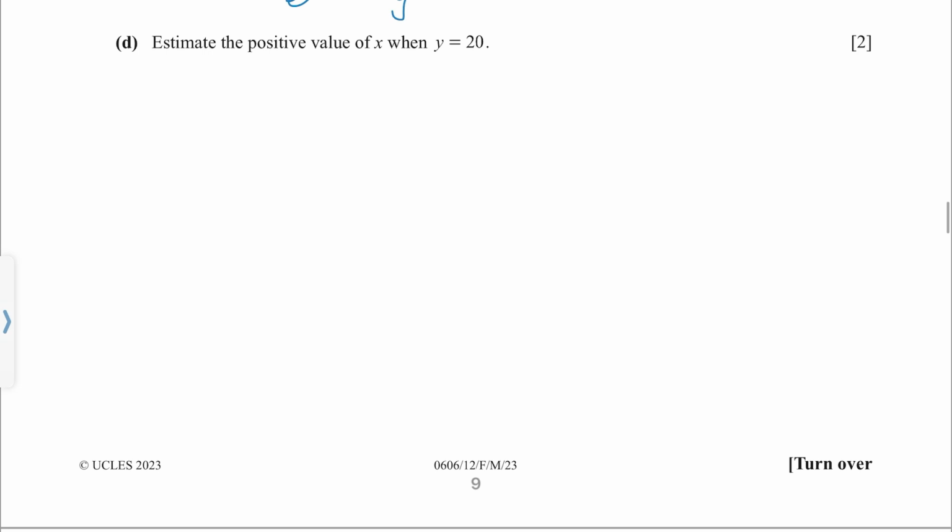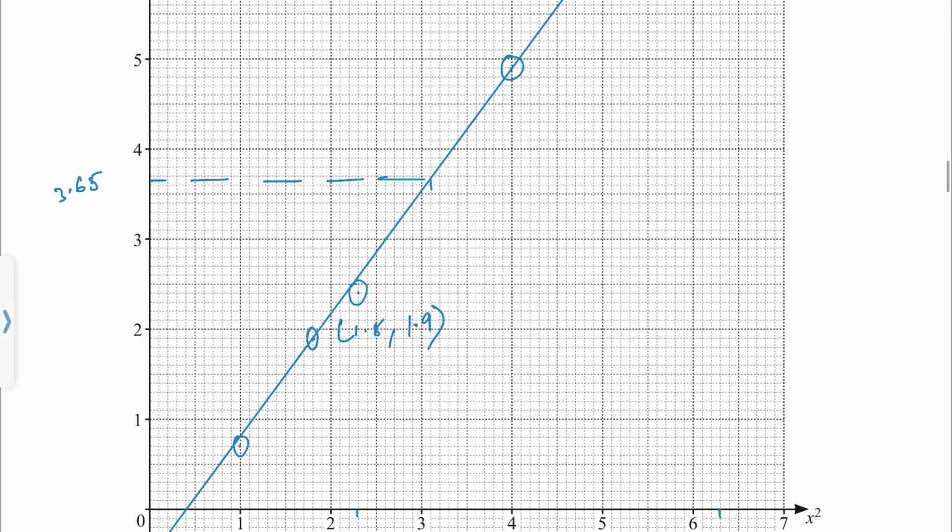Now we have y as 20, so ln 20 would give us 3. It is actually 2.99. So ln y is around 3. So this is our 3.